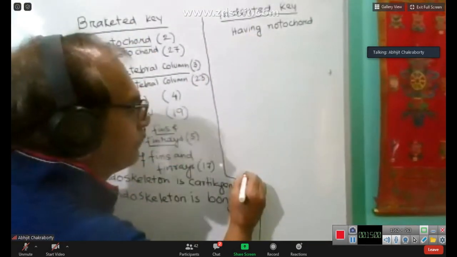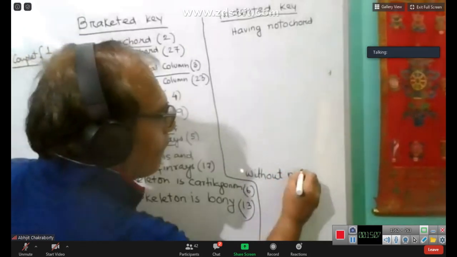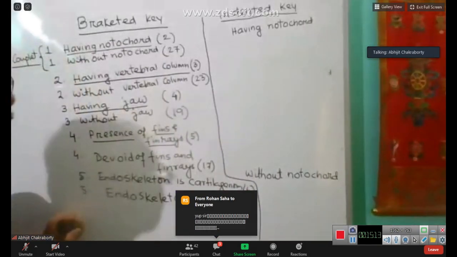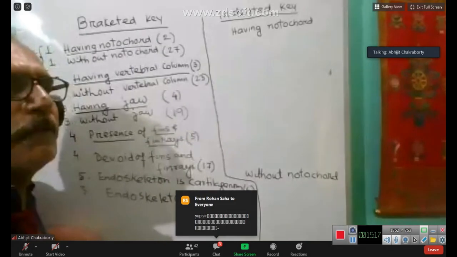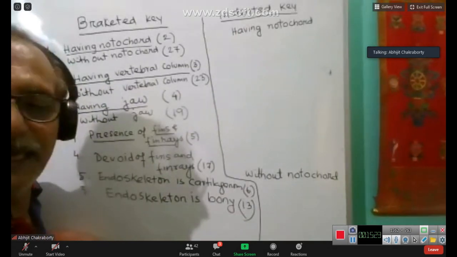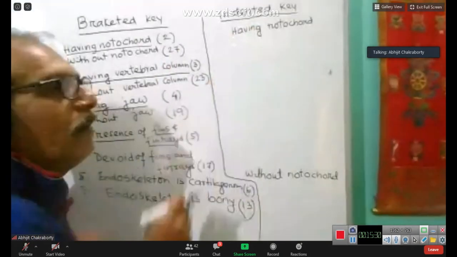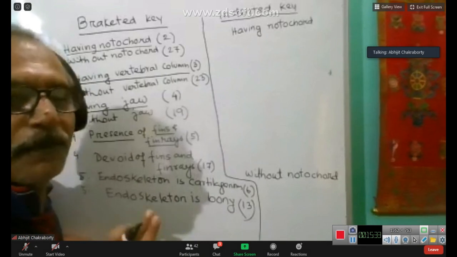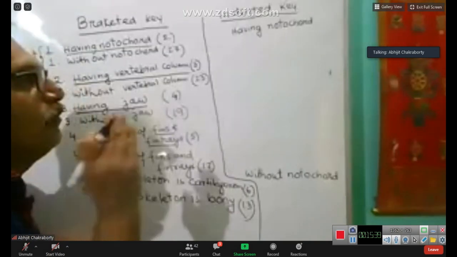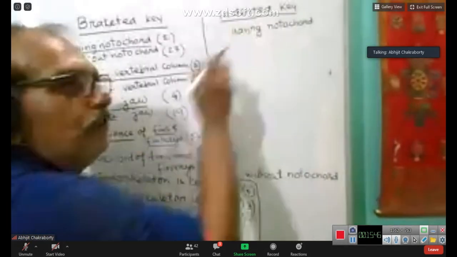Now here, notochord present. Where it is found, the two leaves of a particular couplet are found far away from each other. They are not found close to each other like in the bracketed key. And secondly, there is no number after each statement so that we can follow this number. So how can this one help in identification? You see, suppose your animal is with notochord, then the next characteristic is found just below it, like this.